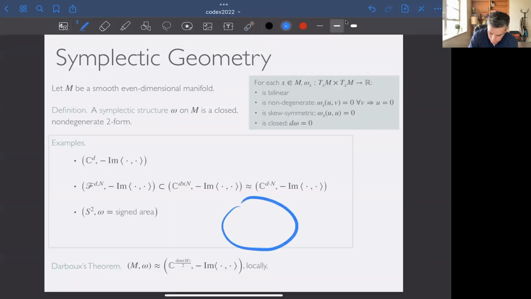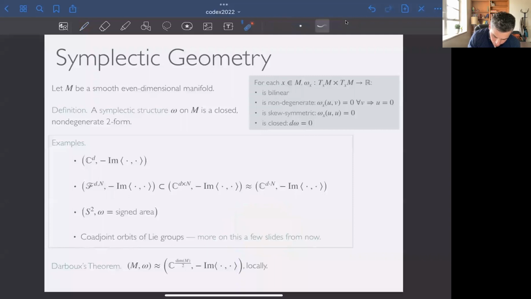So I'm always imagining this as my example of a symplectic manifold. Okay, so S2, the compact manifold, pick a point in its tangent space. It's still literally like take the signed area of the parallelogram spanned by two vectors. That gives me a symplectic form. And this has this closedness condition as well. And then the final example, which takes a bit more to explain, but which is really important for what we're going to discuss, is coadjoint orbits of Lie groups. So we'll come back to this.